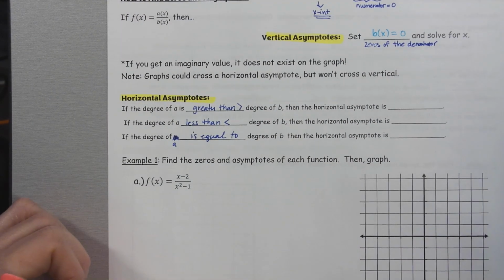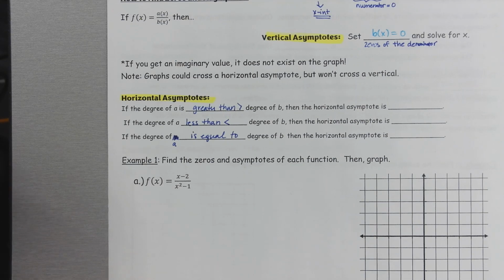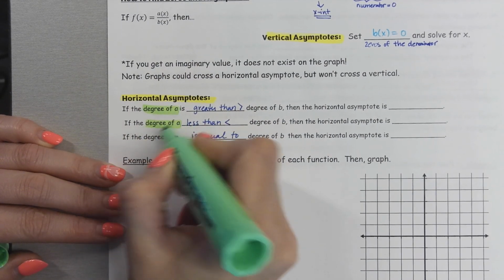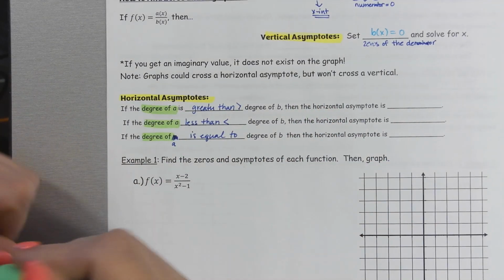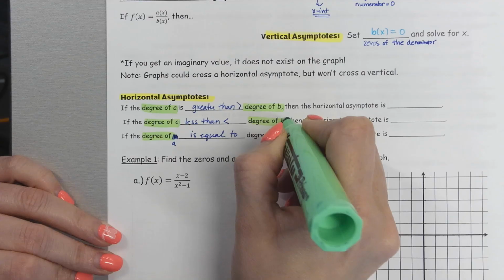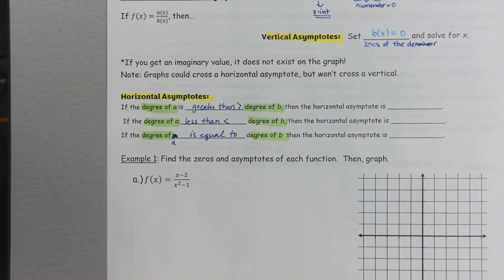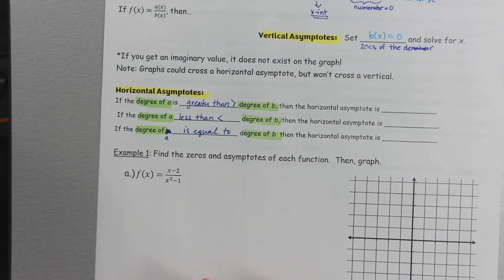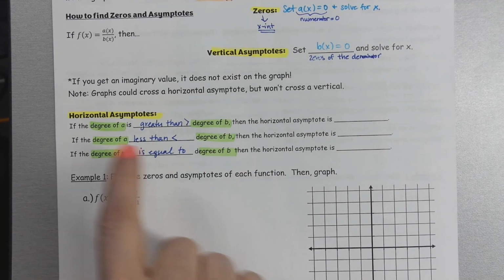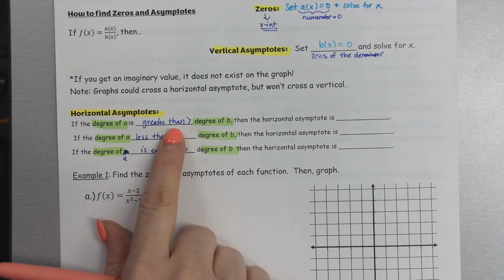I want to emphasize again, this is all about the degree of A, compared every single time to the degree of B.